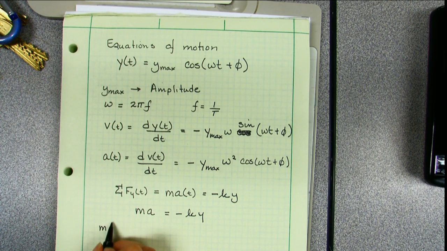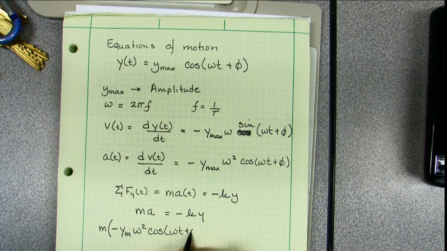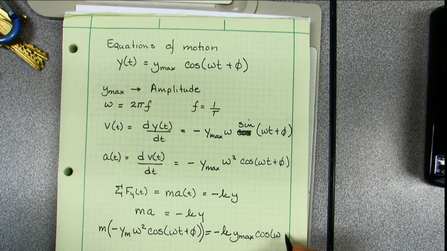I get m times minus y max omega squared cosine(omega t plus phi) is equal to minus k y max cosine(omega t plus phi). The y maxes cancel, my negatives cancel, my cosine omega t's cancel.